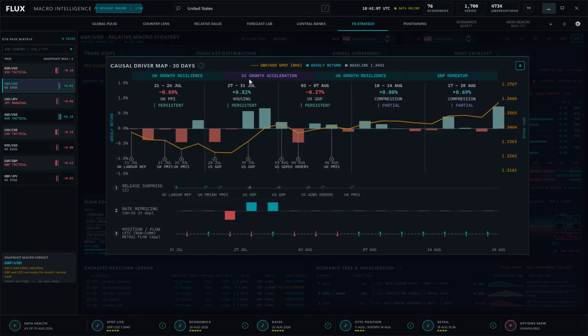Later on, we have UK US growth accelerations, where the pound was a little bit weaker until we got stronger data coming in August, and that drove the price to 136.